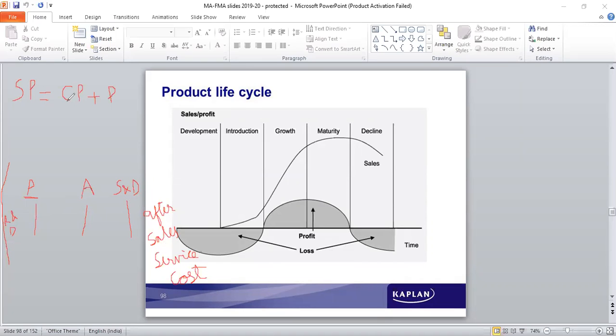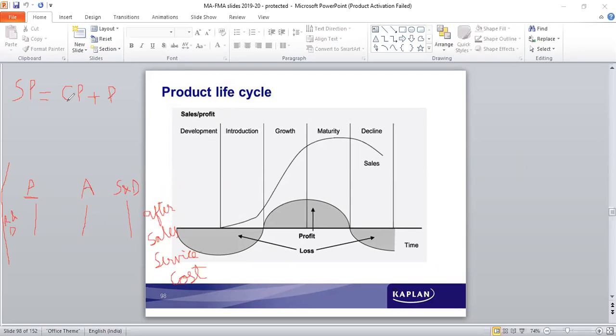Which means that first the entire life of the product, for how long this product will be accepted in the market, has to be estimated. The time period has to be estimated, let's say it is a 5 years period.